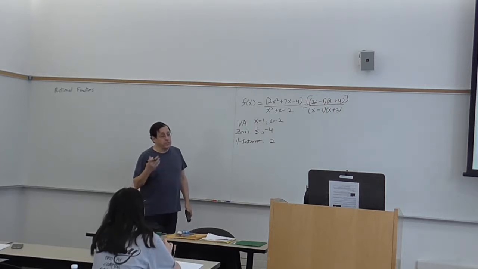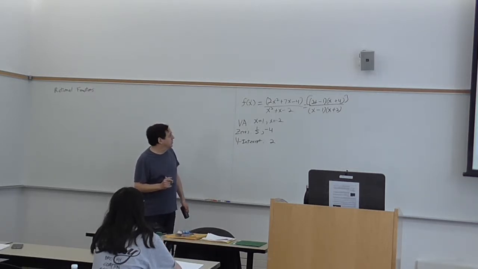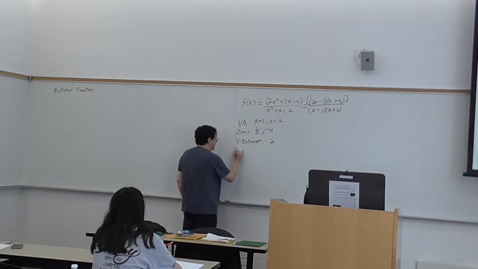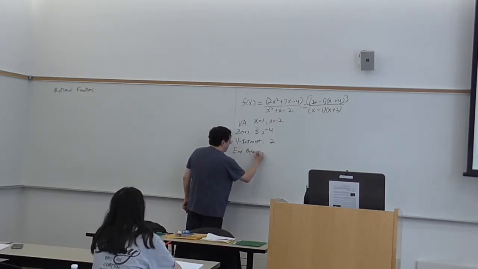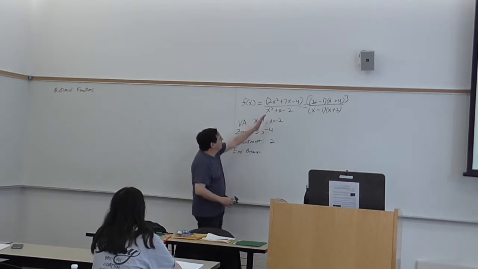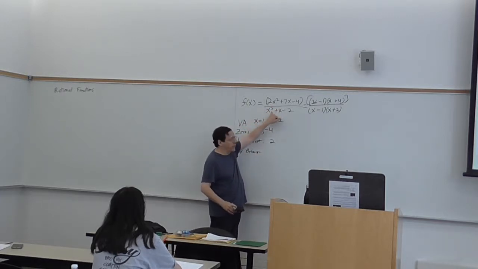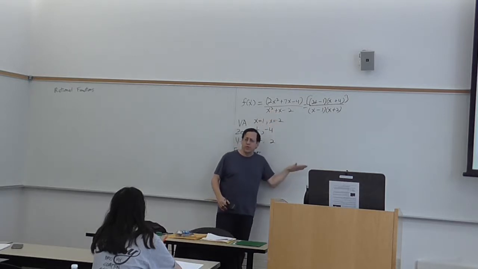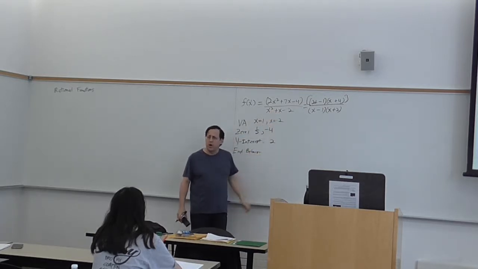Does anyone remember if the end behavior is kind of a constant? What does that mean for the function? You might recall that if it's something over x, we get an asymptote at 0, because it's just getting smaller and smaller.